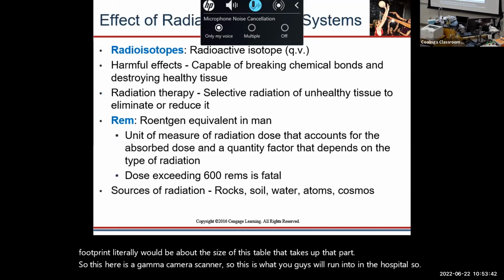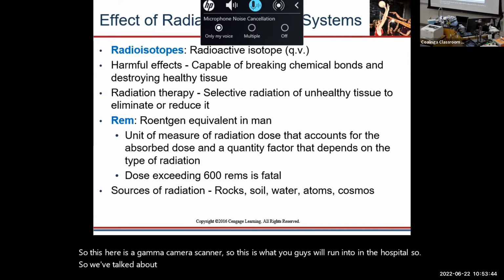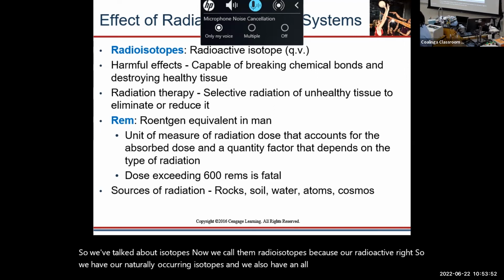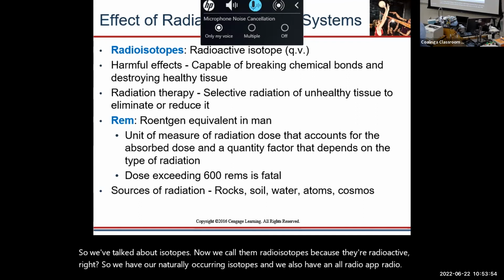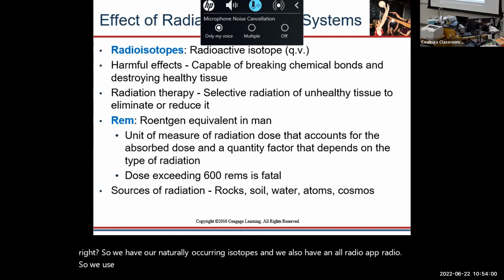So we talked about isotopes. Now we call them radioisotopes because they're radioactive. So we have our naturally occurring isotopes, and we also have what we call radioactive ones. We use radioisotopes for various things in health. Often we will use radiation therapies if they're indicative of cancer, right? To kill tissues.